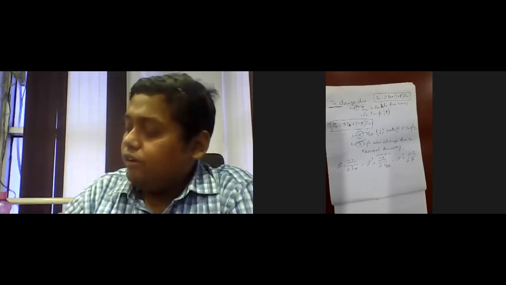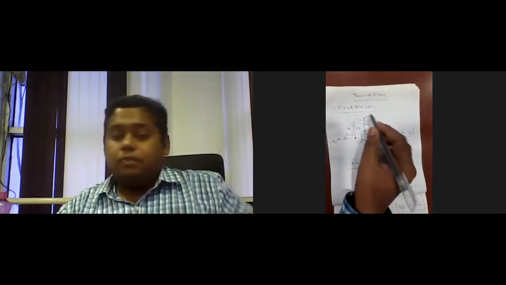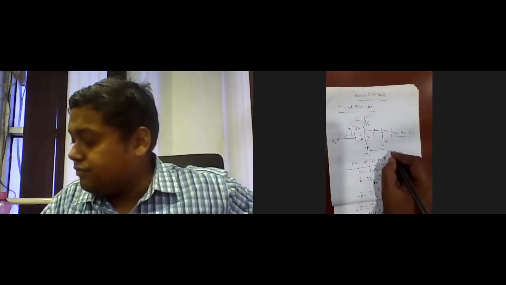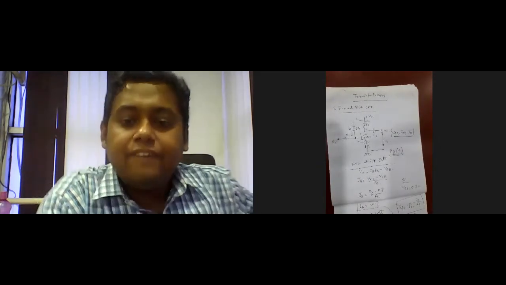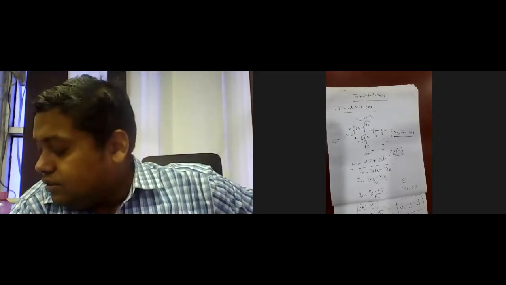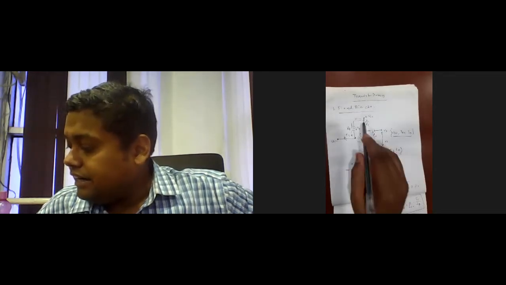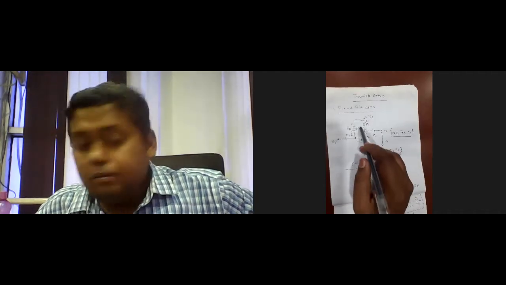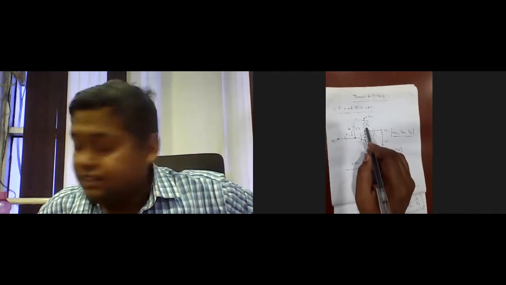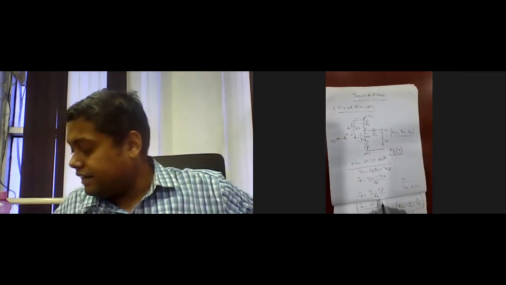In the last class, we already introduced the fixed bias circuit. Suppose this is figure A. Please mark it as figure A. In this transistor biasing circuit, we apply the supply voltage VCC, RB is the base resistance, RC is the collector resistance, and IB and IC are the base current and collector current respectively.